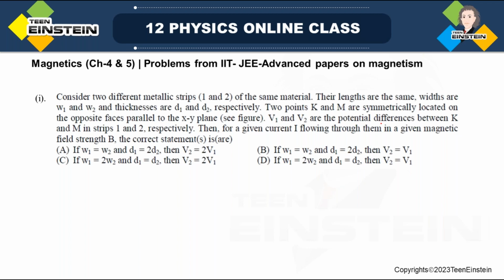V1 and V2 are the potential differences between K and M points for strip 1 and strip 2 respectively.